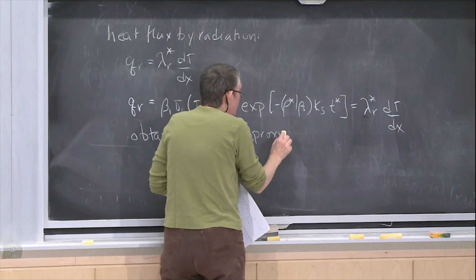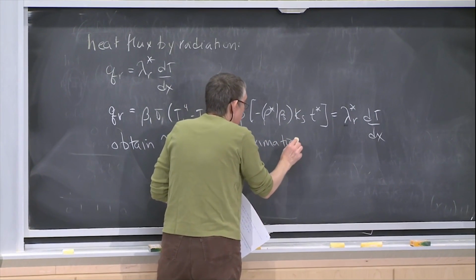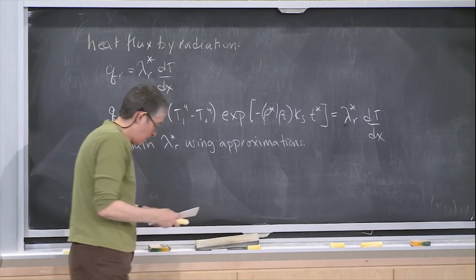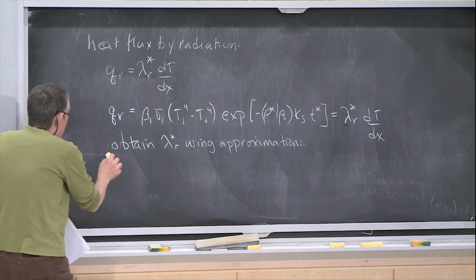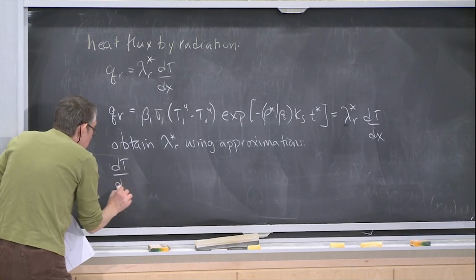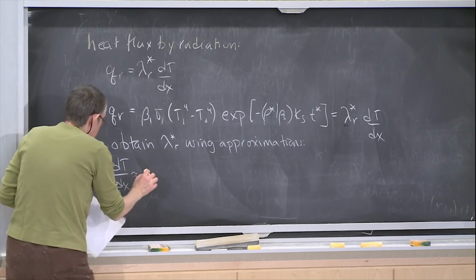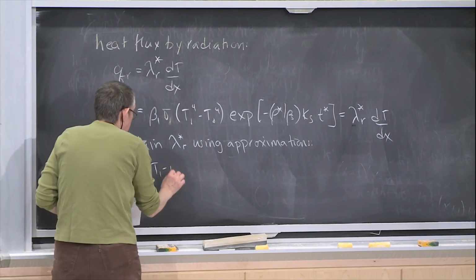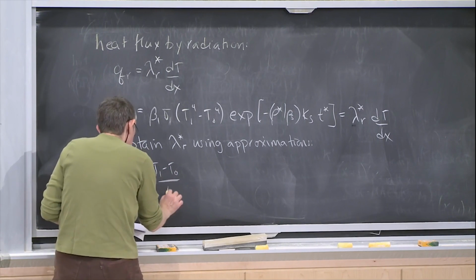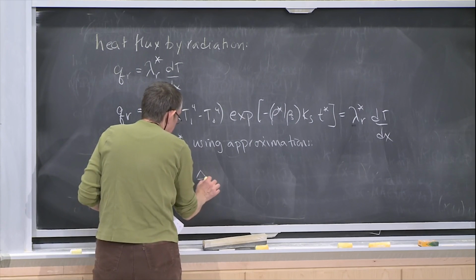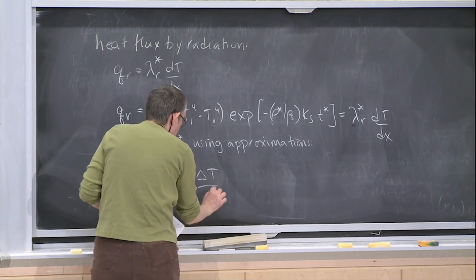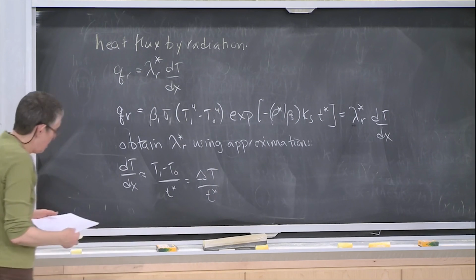So I'm going to make some approximations here. And that's going to allow me to solve for T star. So I'm going to say that dT by dx is approximately equal to just T1 minus T naught over the thickness of the foam, or I'll call that delta T over T star.